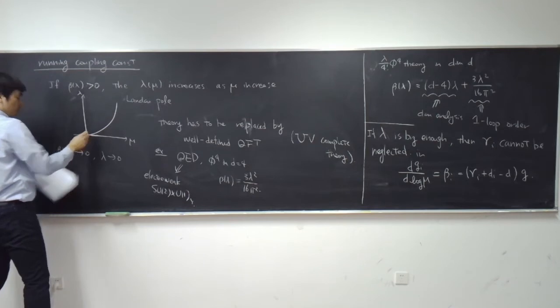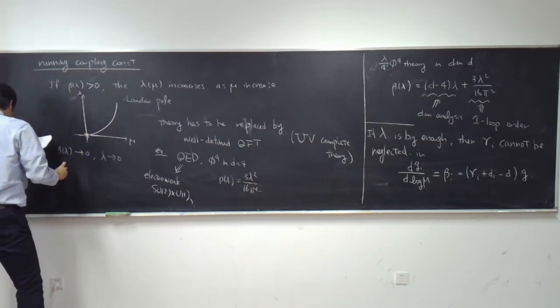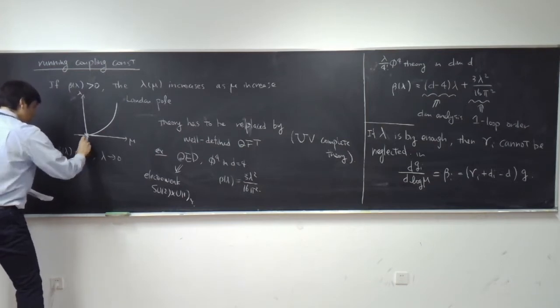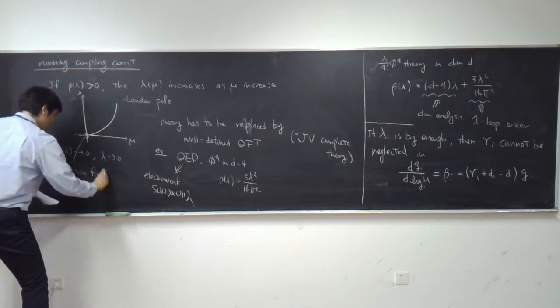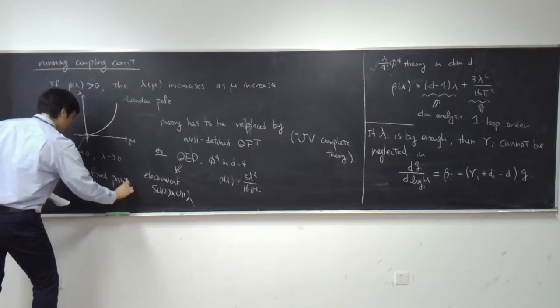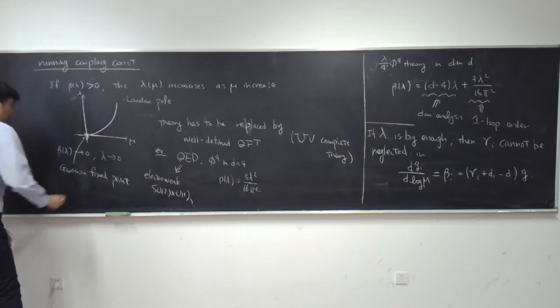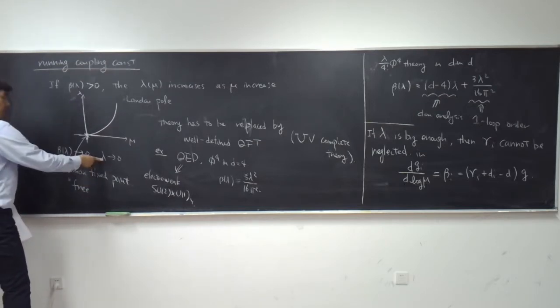It starts at 0. Then this point is called the Gaussian fixed point. Essentially this is a free theory, so the coupling constant goes to 0.